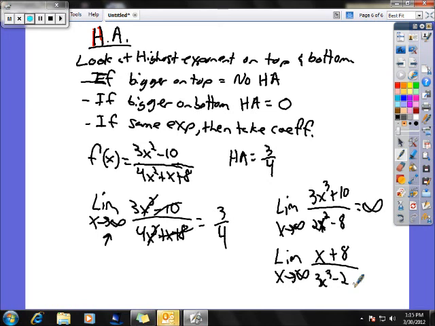But also understand that the bottom of this fraction is getting bigger much faster than the top of this fraction. If the bottom of a fraction gets bigger faster, the whole thing is getting smaller, right? That's why, if you have an exponent bigger on the bottom, your horizontal asymptote is always going to be 0.